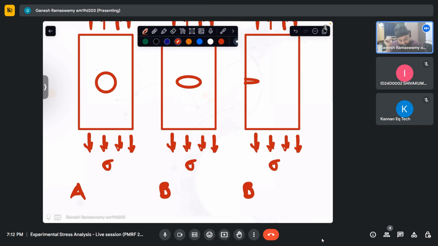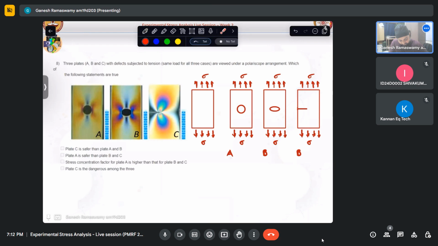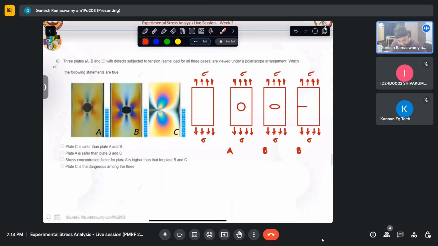It gets converted to essentially a crack, because the ellipse has slowly degenerated into a crack. And when we were trying to measure this, it was uniform color. But as these defects come about, we saw for the same load that was applied, different types of fringe patterns coming about. And it has been given that it is the same load. So how do we interpret this is what is asked.